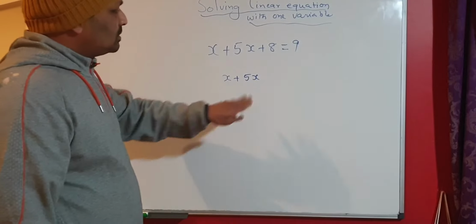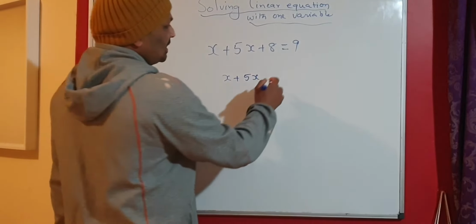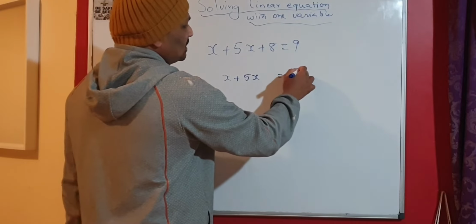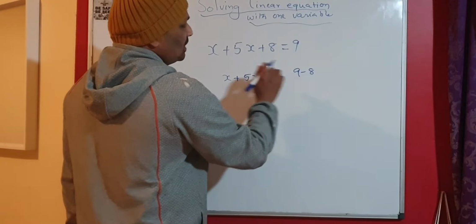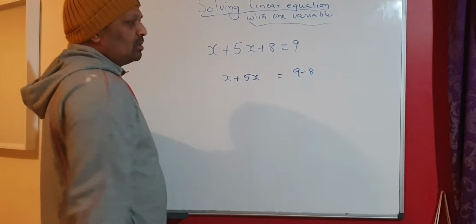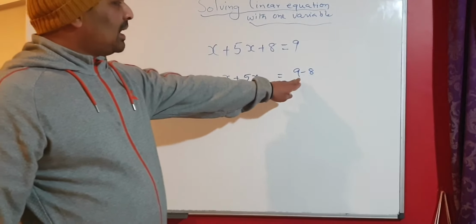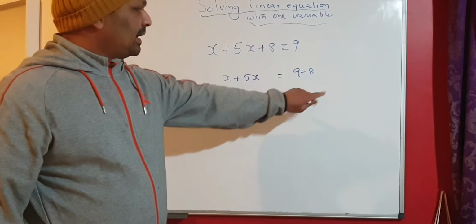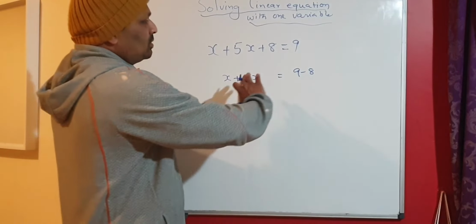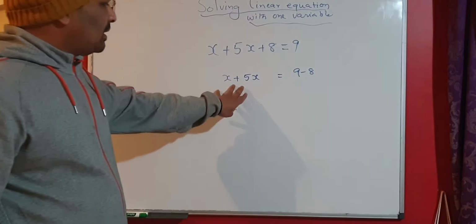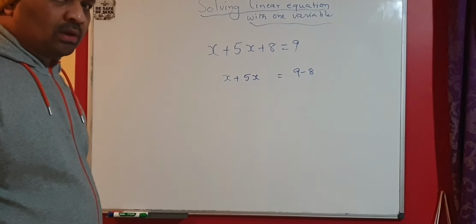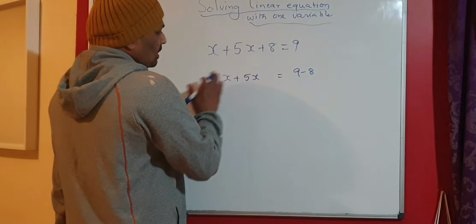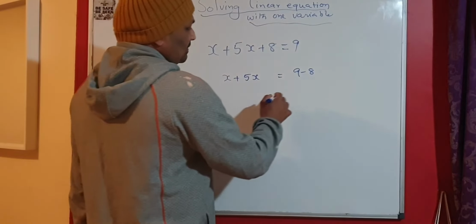You leave these two terms on the left side and you take this constant plus 8 to the other side, so that you will have all the known quantities. In this case, the known quantities are 9 and 8. You brought all the known quantities to the right side and you left all the terms that are having unknown variables on the left side.